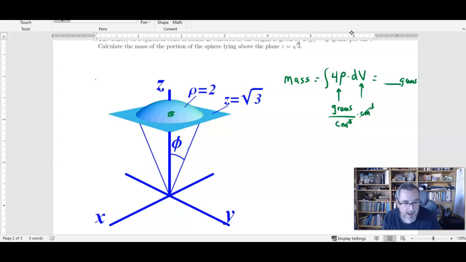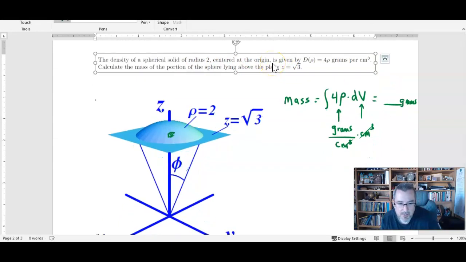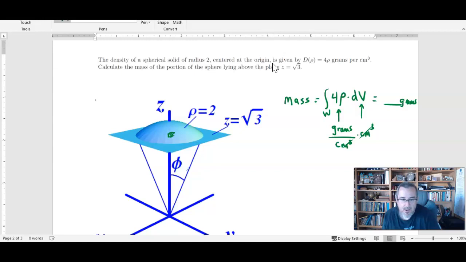And we're going to define that over, did they give us a letter for it? Sometimes they give us an E or a W or something. I don't know why they like those kind of letters, but we'll use W. So over this boundary, just that cap of the sphere, that's W. We're going to sum up the changing densities. As rho changes, the density is going to change.